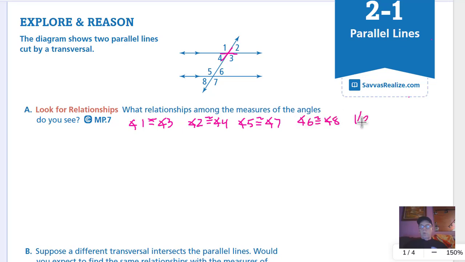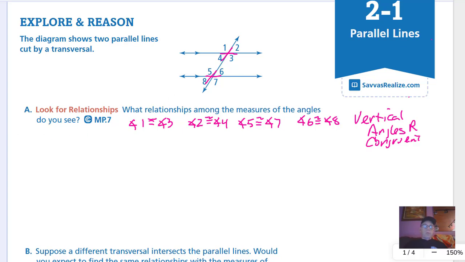Those are because vertical angles are congruent. So that's all going to always exist whether or not we have parallel lines. Anytime you have an X, opposite vertical angles are going to be congruent with each other.